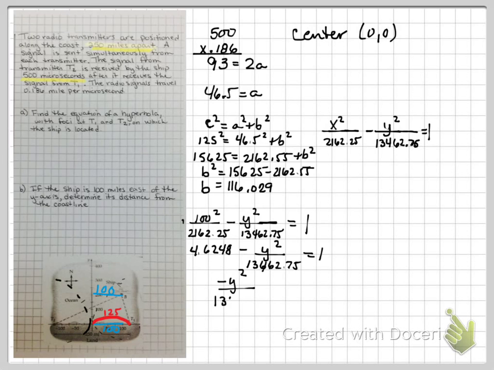And I get negative y squared over the 13,462.75 equals 1 minus my answer, negative 3.6248. Multiply both sides by 13,462.75.